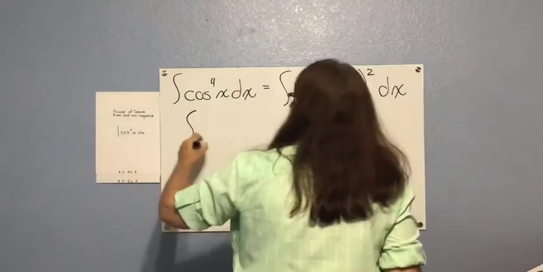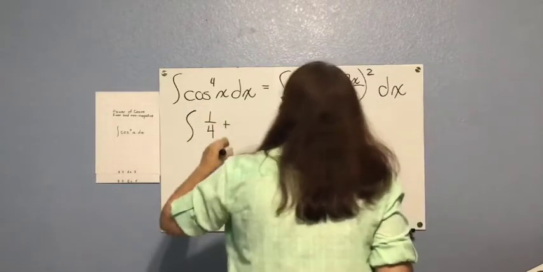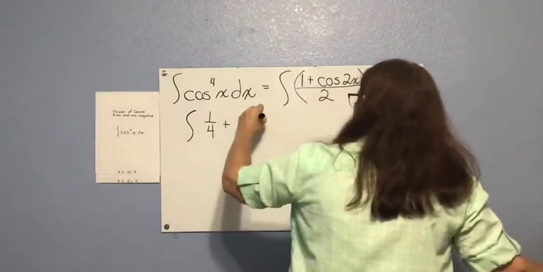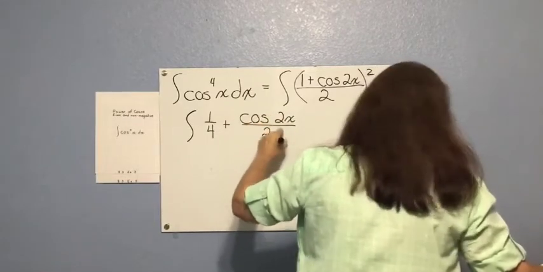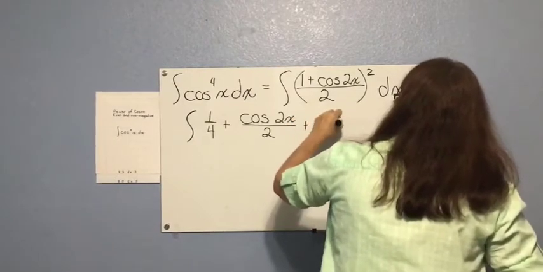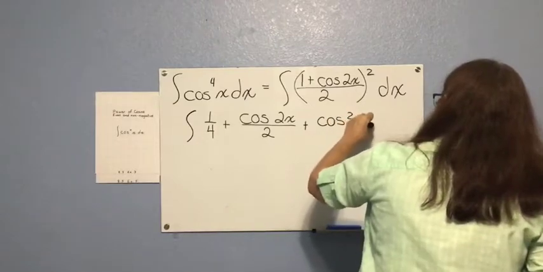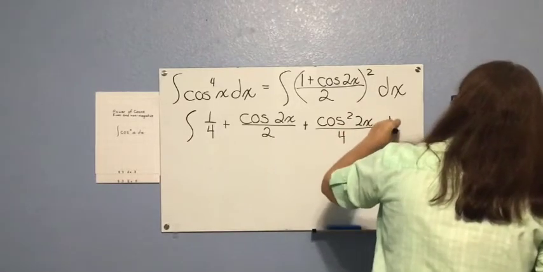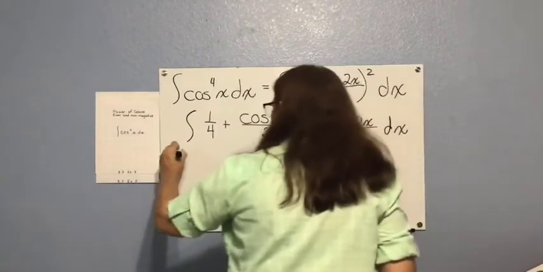And now we're going to multiply that out. Get 1/4 plus. Okay, now we're going to use the power reducing formula.